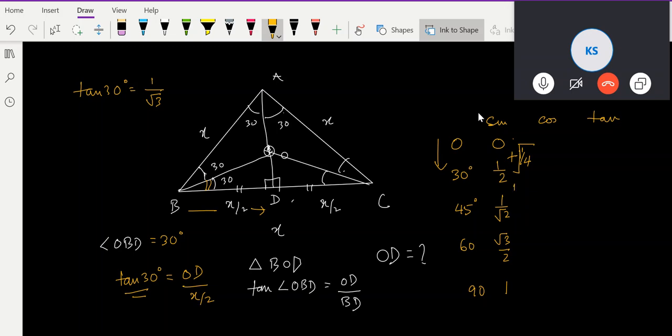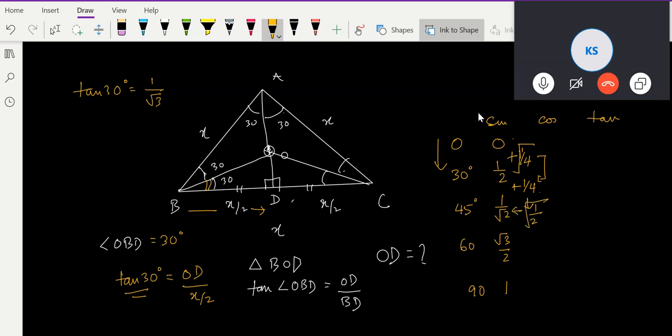Again add 1/4. 1/4 plus 1/4 is half, right? Take the square root.